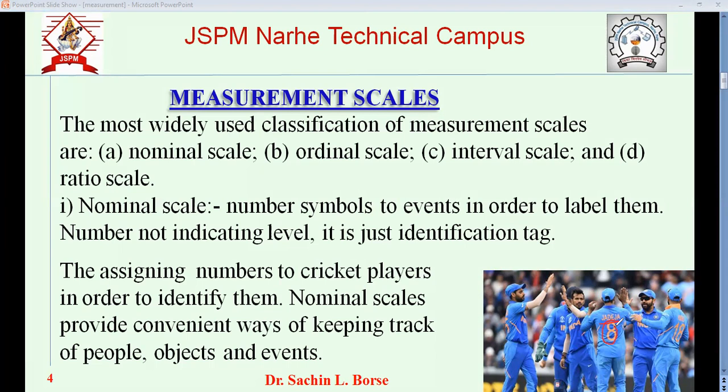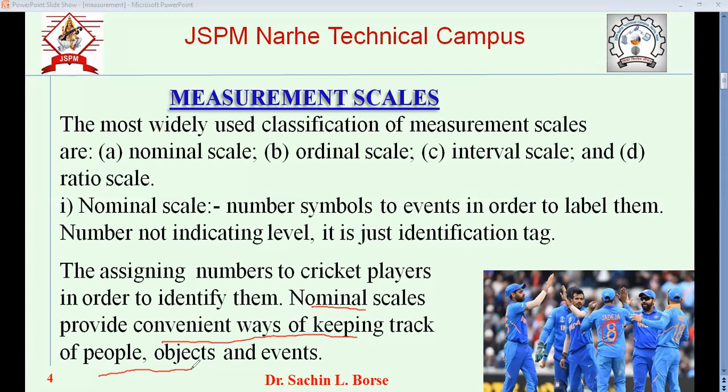So what is the purpose of nominal scale? It is a convenient way of tracking the people. Here we can see in the match, or we can see the convenient way of tracking the objects, convenient way of tracking the events.